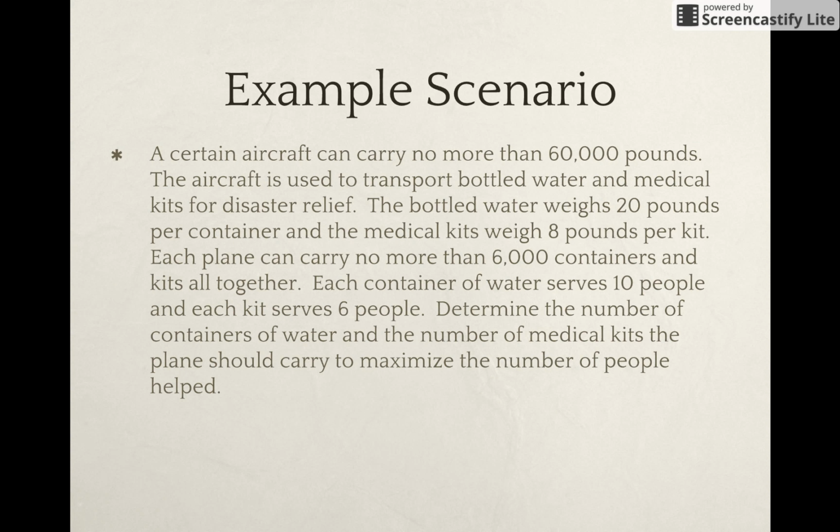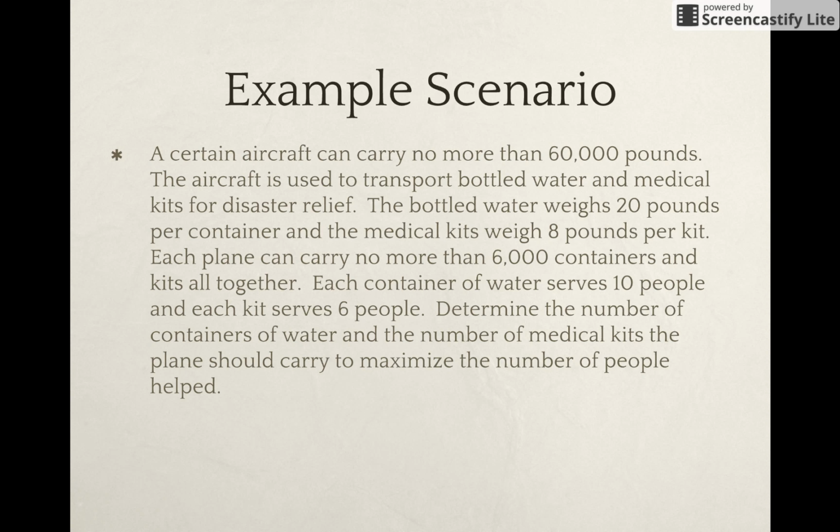Let's consider an example scenario and see how this all comes together. A certain aircraft can carry no more than 60,000 pounds. The aircraft is used to transport bottled water and medical kits for disaster relief. The bottled water weighs 20 pounds per container, and the medical kits weigh 8 pounds per kit.